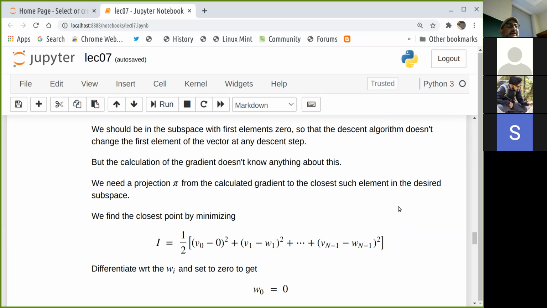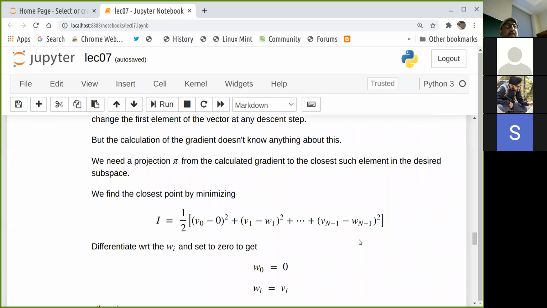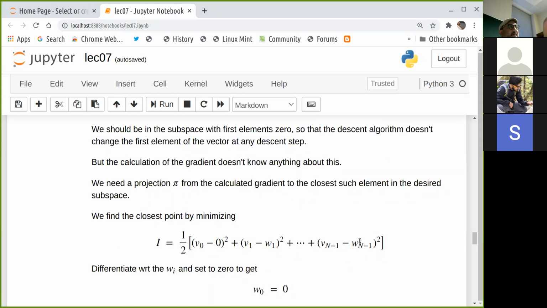One way of doing that is to say, I've got a vector v0, v1 up to vn minus 1. I want to find the nearest vector w, which has entries w0, w1 up to wn minus 1, such that the first entry w0 is equal to 0. And I want to find the closest such vector. That's what projections do. They project you from a space onto a subspace, to the closest point in that subspace.